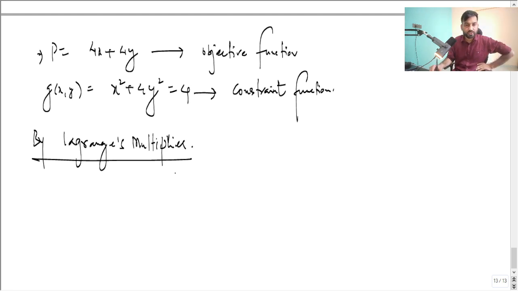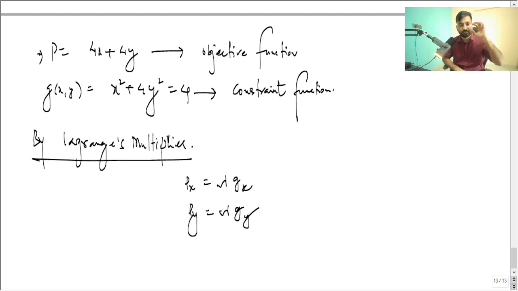So the gradient of the objective function, that is Px equals lambda times gx, and Py equals lambda times gy. So the partial derivative of the objective function with respect to x has to be parallel with the partial derivative of g.